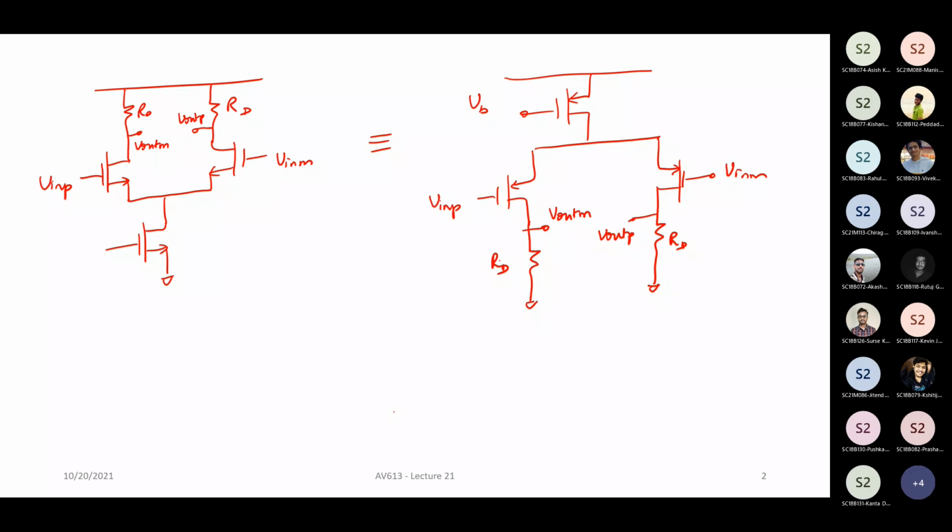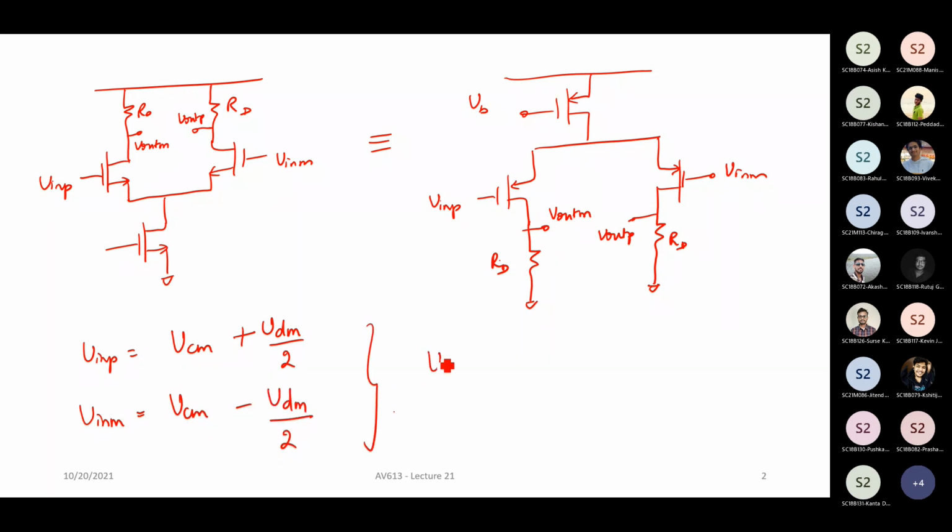Okay. Now, we looked at the small signal analysis. We looked at the small signal differential gain, the small signal common mode gain, and we also looked at what is called the input common mode range, right? Which is basically this V in P and V in M can be written as V in P is VCM plus, let's say, VDM by 2, and V in M can be written as VCM minus VDM by 2, right?